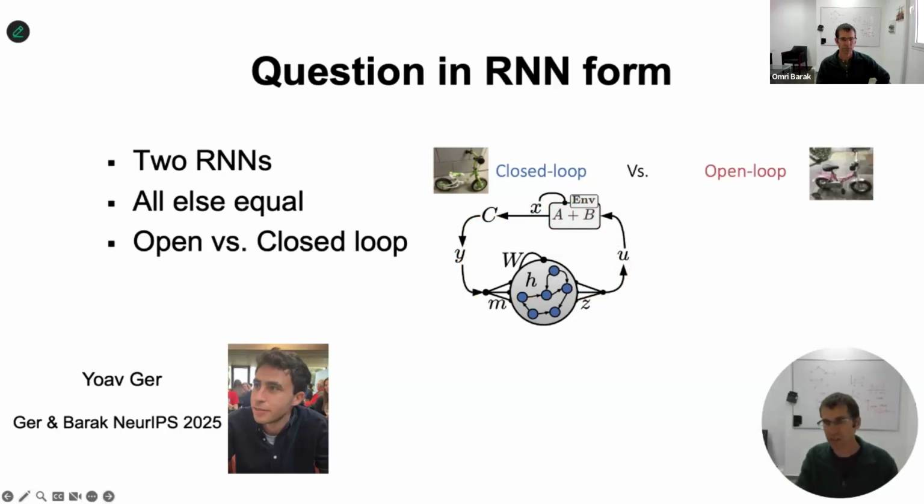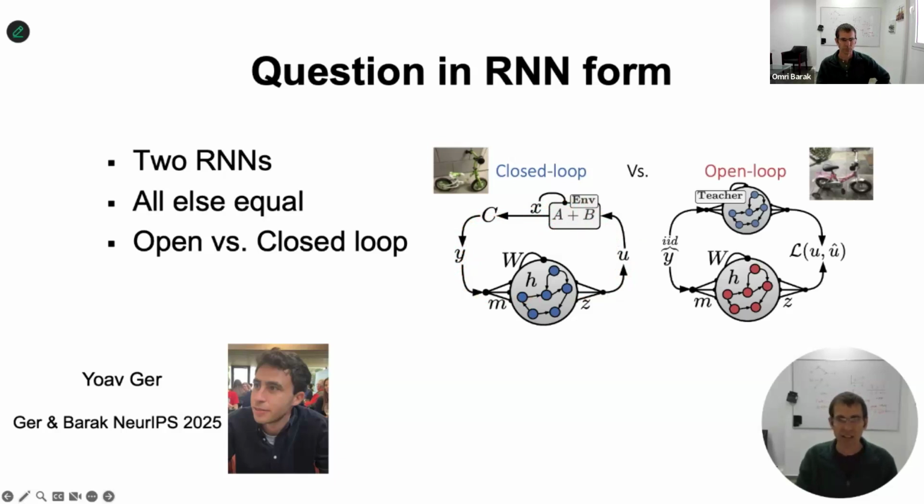In contrast, the open loop setting is one where the network still receives the same input, gives the same output, but now it's imitating an expert, a teacher. So that teacher already knows how to ride a bicycle. It receives the input and it knows whether to correct to the right or to the left. And all we do is imitate this teacher. Now, does it matter?